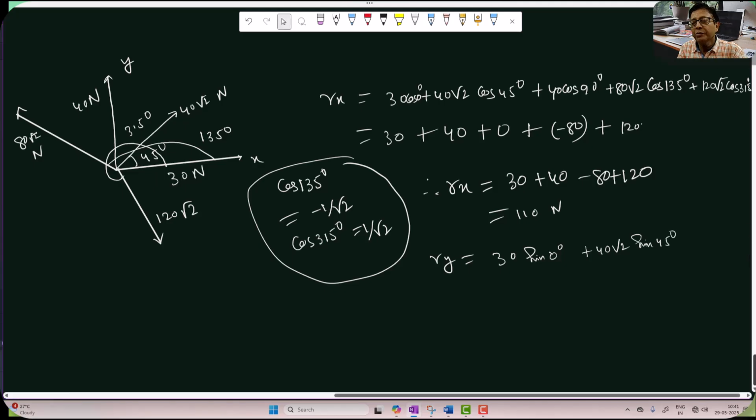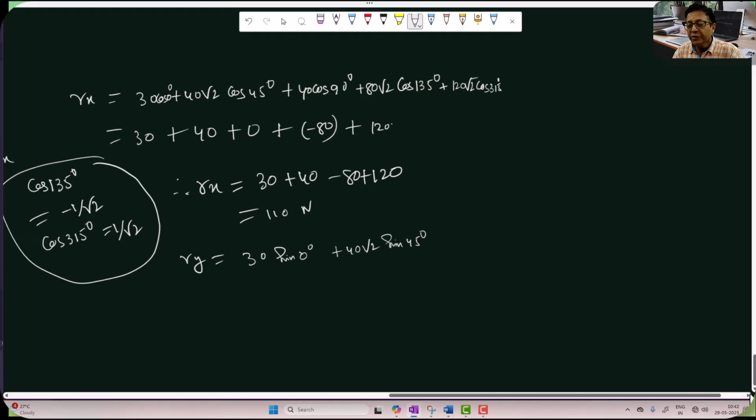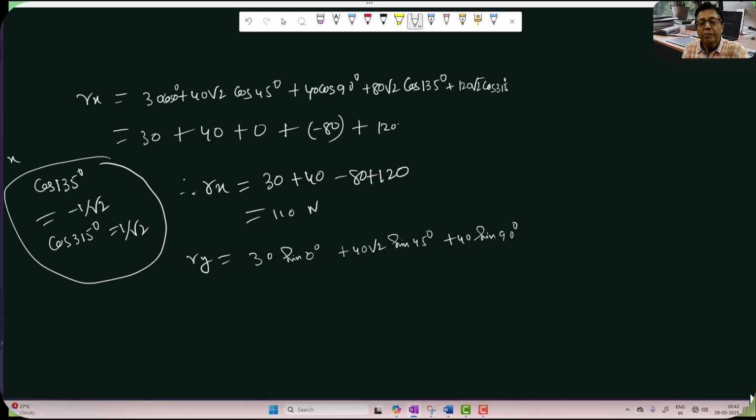40 root 2 sine 45, then 40 sine 90, then 80 root 2 sine 135 degree. Sine, isn't it?